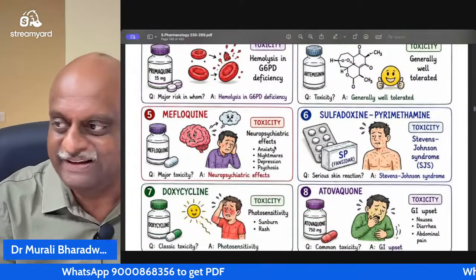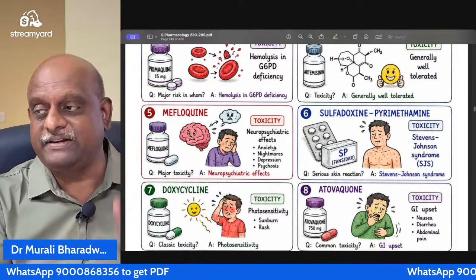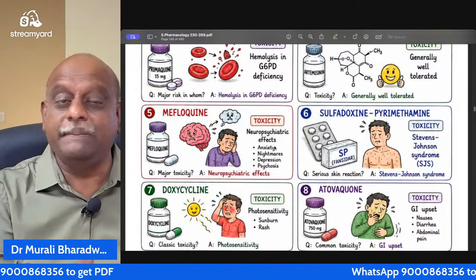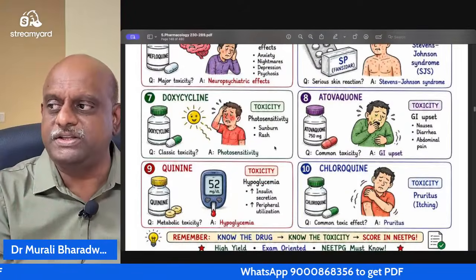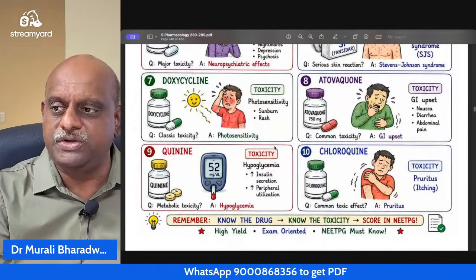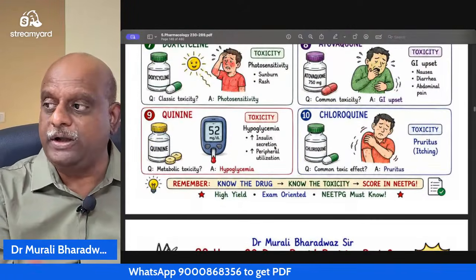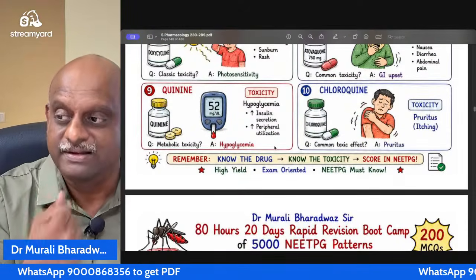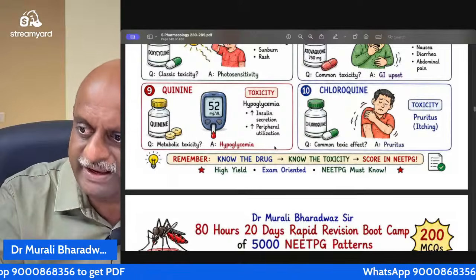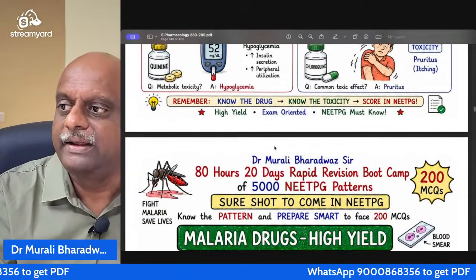Mefloquine, neuropsychiatric effects. Sulfadoxine-pyrimethamine lead to Stevens-Johnson syndrome. Doxycycline leads to photosensitivity. Atovaquone can lead to GI upset. Quinine can lead to hypoglycemia. Chloroquine leads to pleuritis. One question will definitely come. Right, doctor?